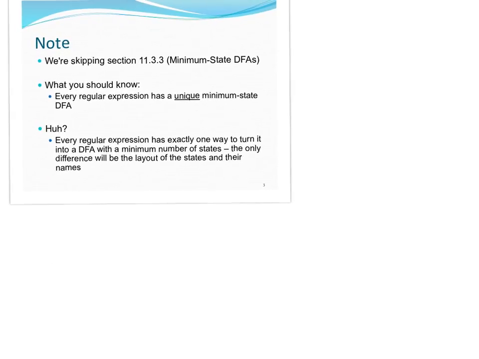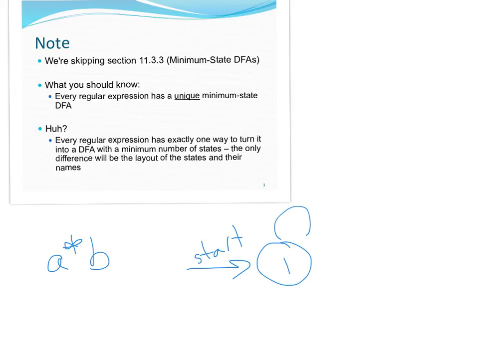Let's consider the regular expression A star B, okay? The smallest DFA that I think I can make for A star B would look something like this. I have state 1 with a loop on A. I have my B going out there.